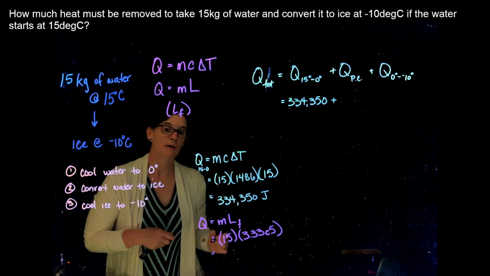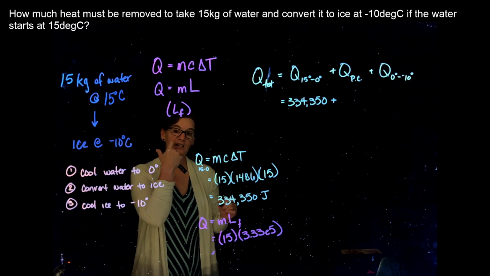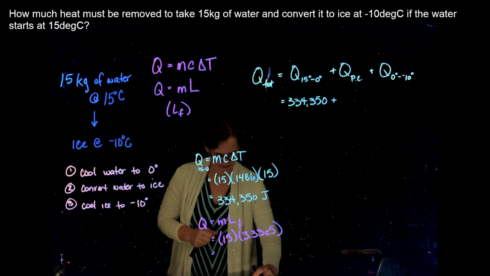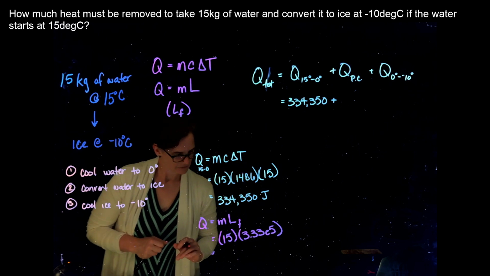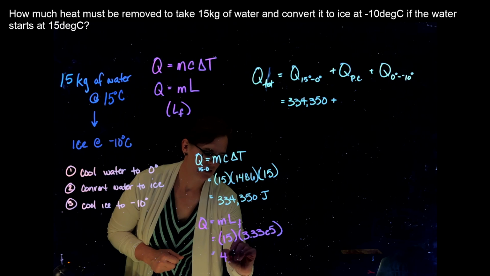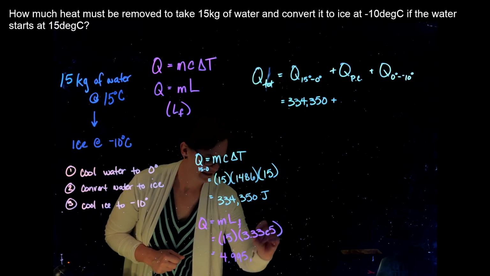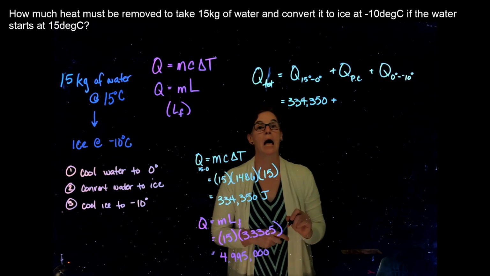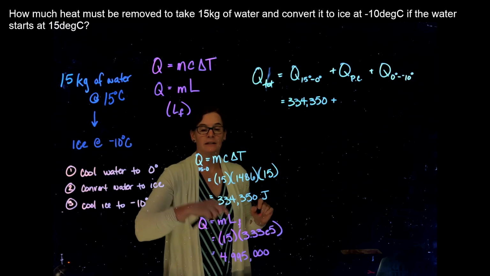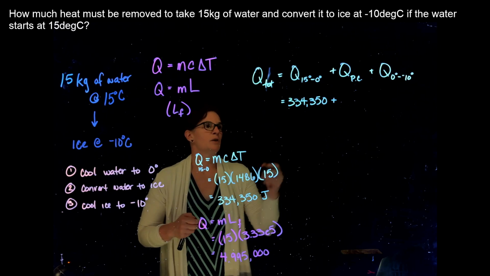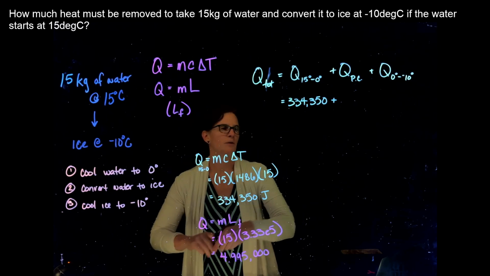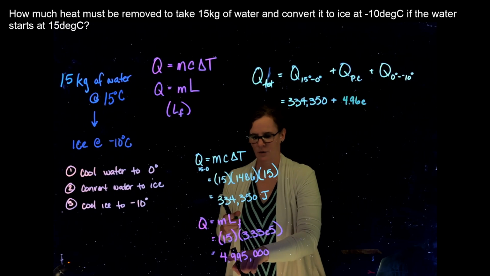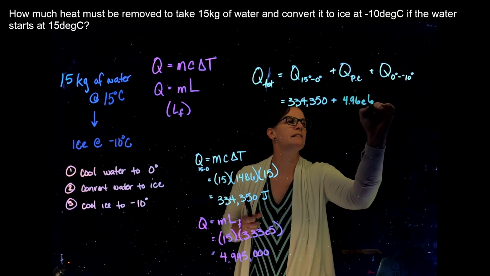And so the amount of energy we need to convert 15 grams of water into ice is 4,995,000 joules. I had to find it in my notes. Lots of energy to convert relative to changing its temperature. So we'll add that up here.